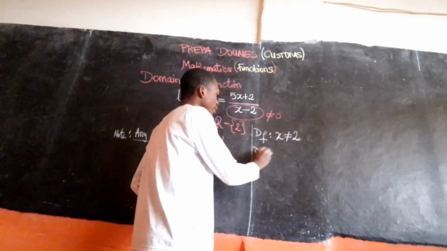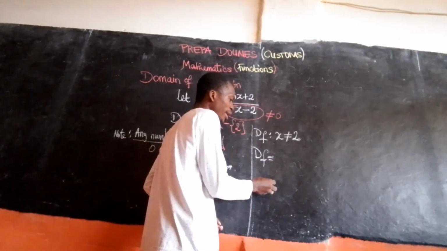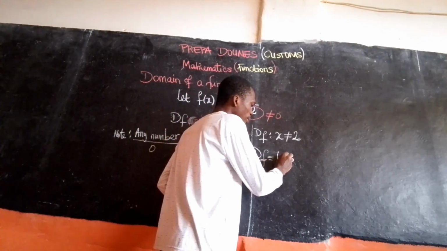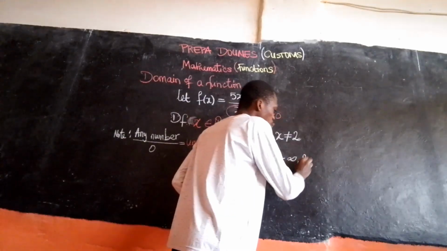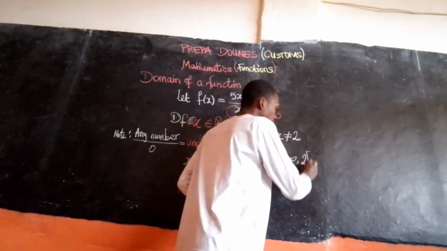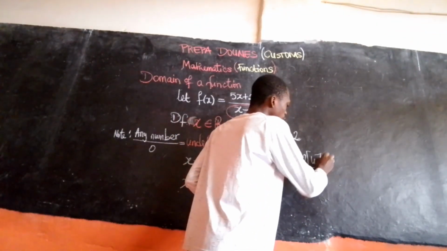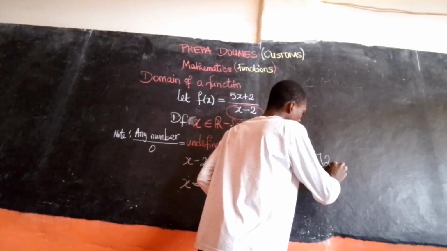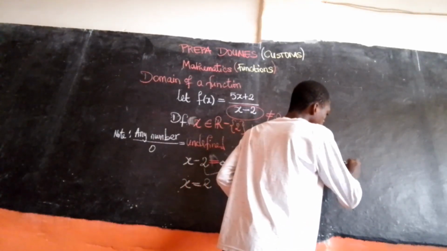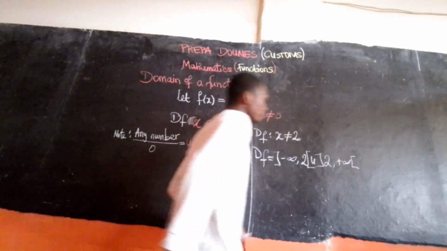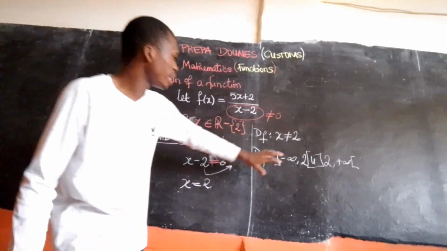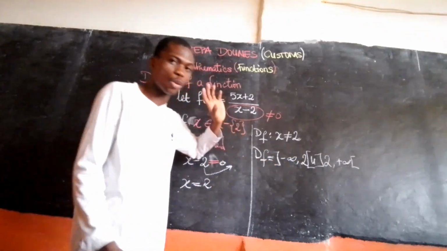Also, the domain can be represented by the bounds from negative infinity to 2, union from 2 to positive infinity. Yes, this is another way of representing the domain.